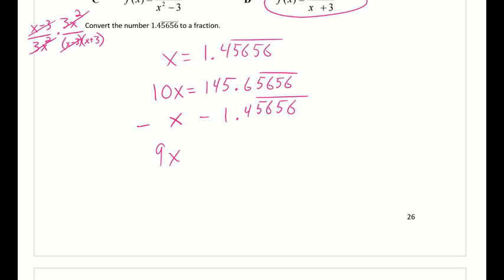Here, what will happen is these repeating decimals will line up going on towards infinity, so they just can subtract away then. So we then just do some subtraction with this. So we have 144.2. We'll divide both sides by 9.